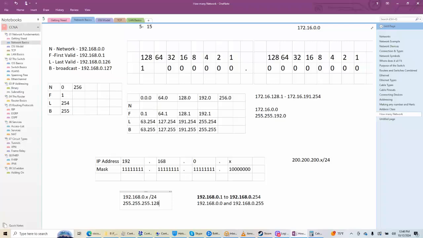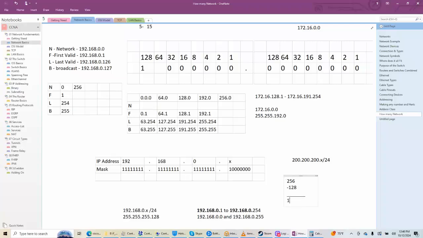In order to find out how many hosts I'm going to have within each network, I'm going to take the magic number of 256 and minus whatever that mask number is, which is 128, which gives me 128. And then I'm going to write out those numbers starting with 0 in sequence.